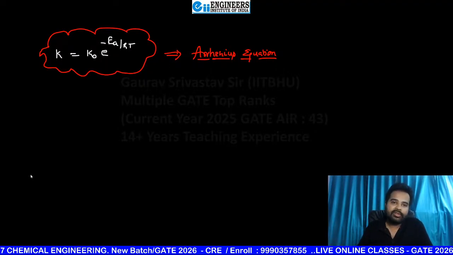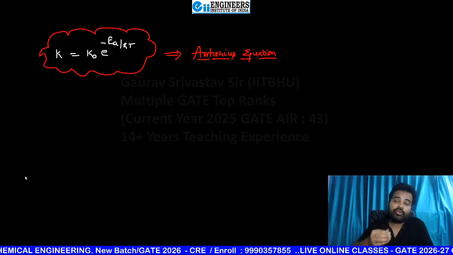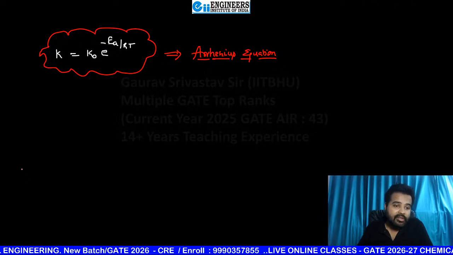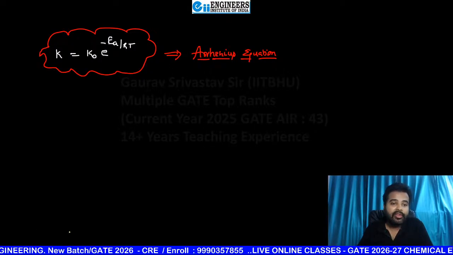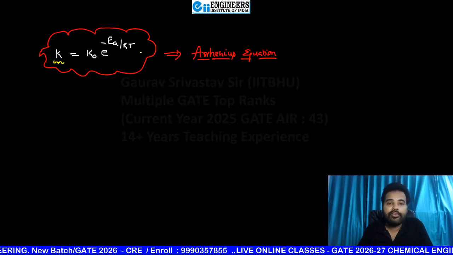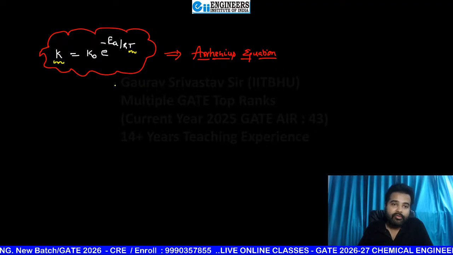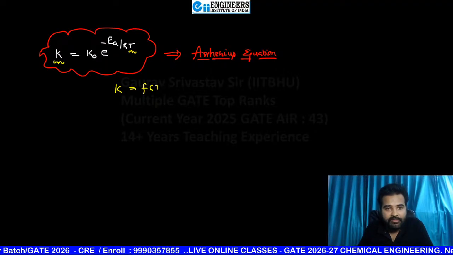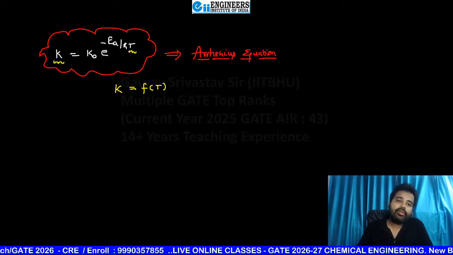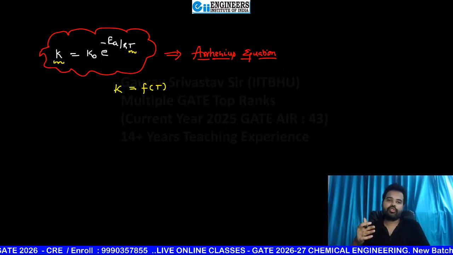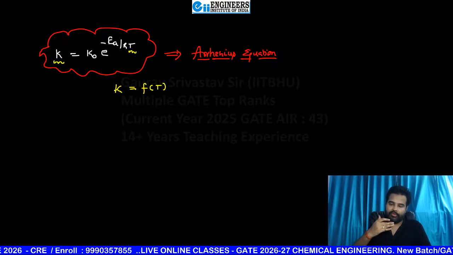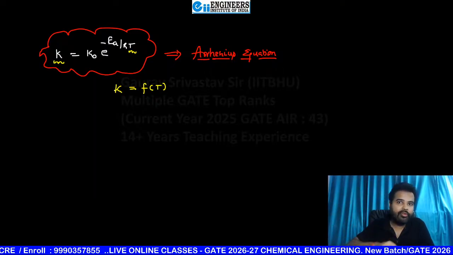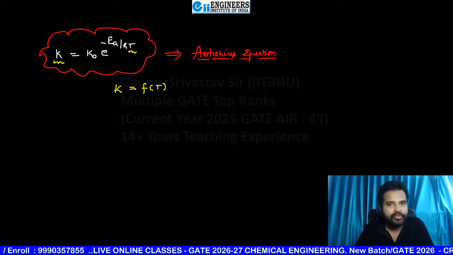Now in your examination they can ask you, here also you can see this k, the reaction rate constant, is a function of temperature. From this equation clearly you are getting one beautiful conclusion that this k is a function of temperature. Now suppose in your examination someone asks you that if we change the temperature, what will happen to the reaction rate constant, what should be the new value of the reaction rate constant.